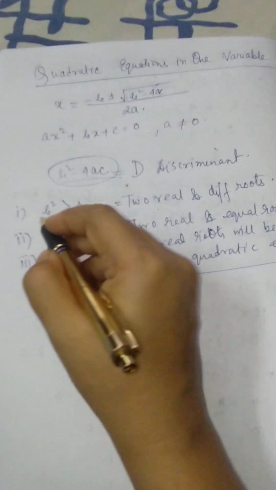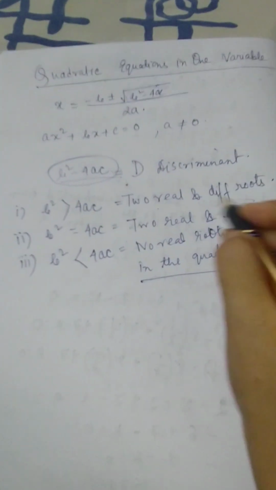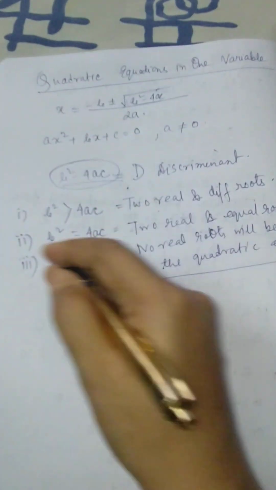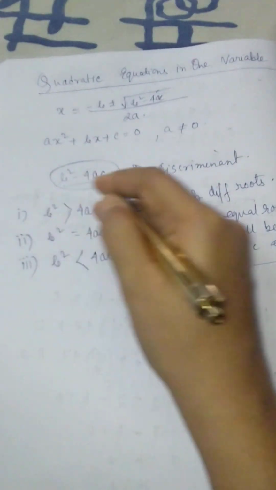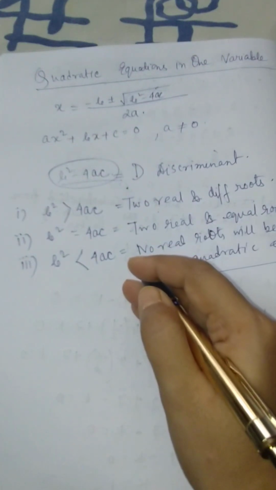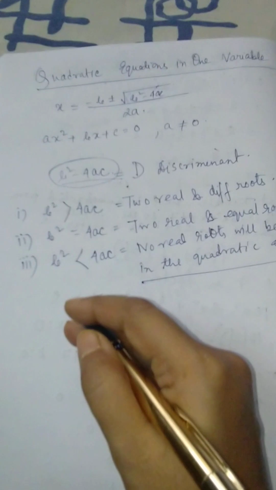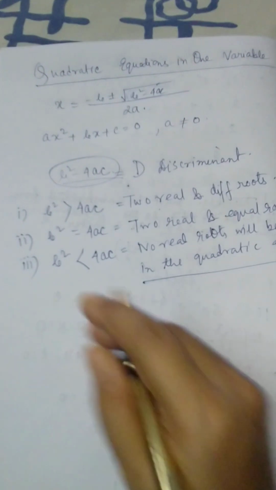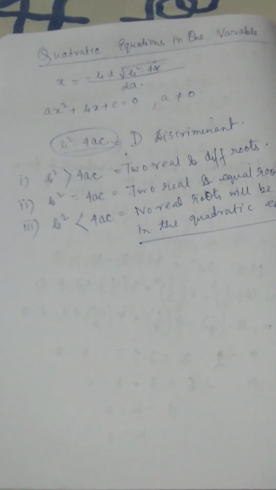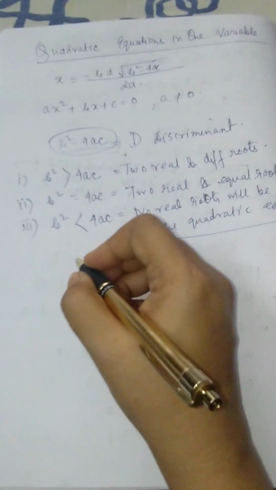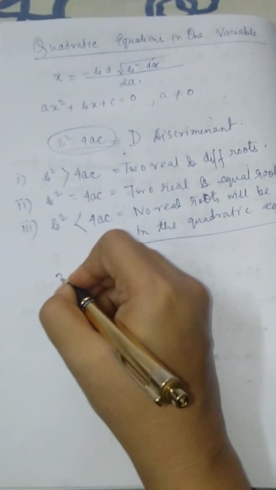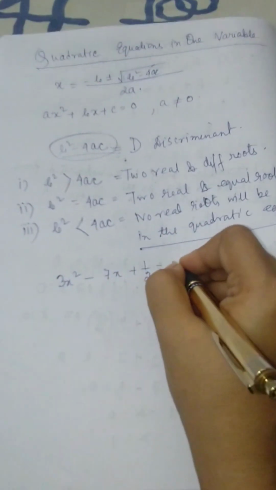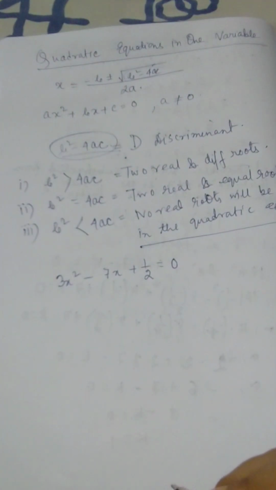Okay, so how will it work? We will do some numericals so that we can understand the different types of roots. First of all, let us check this quadratic equation, which is 3x square minus 7x plus half is equal to 0, right?